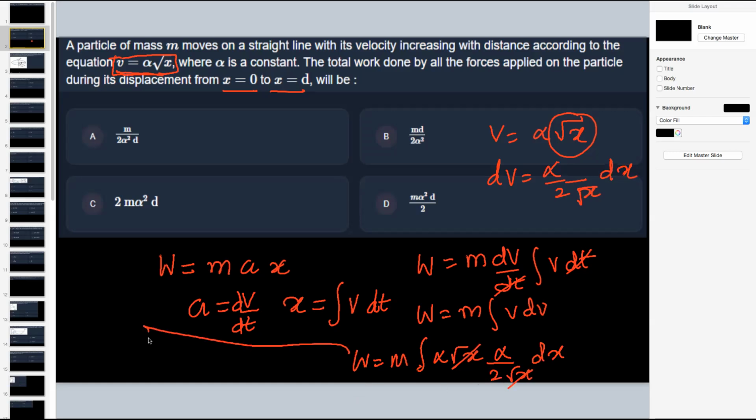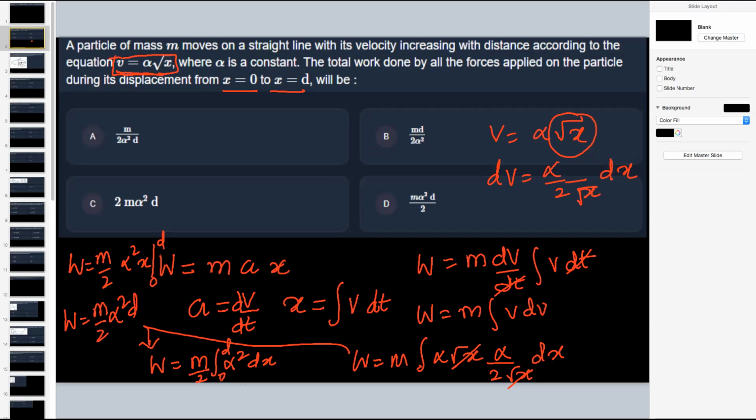So finally, work done equal to m into integration of alpha squared dx, with limits from 0 to d, of course m by 2. Then you simplify it, work done equal to m by 2 alpha square x with limits 0 to d. So you get work done equal to m by 2 alpha square d. Now which is the correct answer?